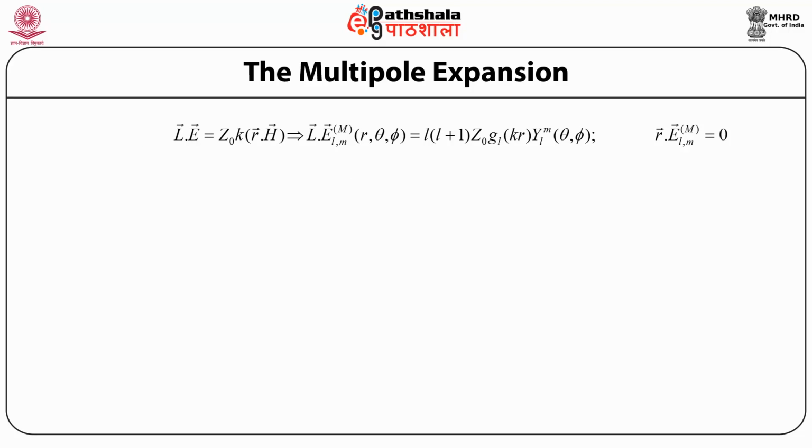L vector dot E vector equals Z naught k r into r vector dot H vector, which implies that L vector dot E vector lm raised to power M of r, theta, phi equals l into l plus 1, Z naught g_l as a function of kr, Y_lm as a function of theta, phi, and r vector dot E vector lm raised to power M equals 0.